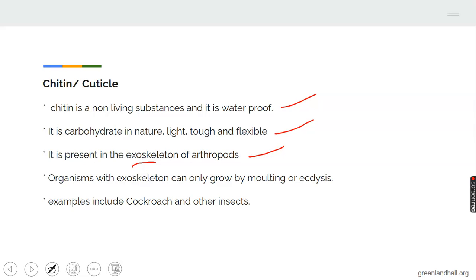Organisms with this type of skeletal material can only grow by molting or ecdysis. That means the removal of the old outer covering is called molting. Example, as we have seen before, we have them in cockroach and other insects.